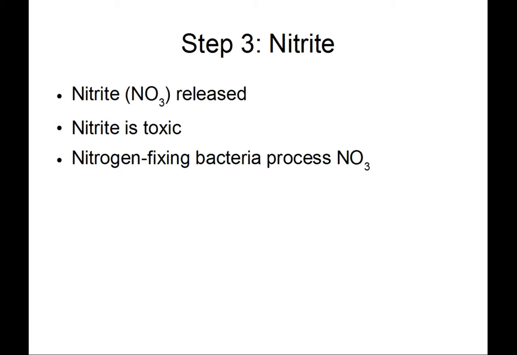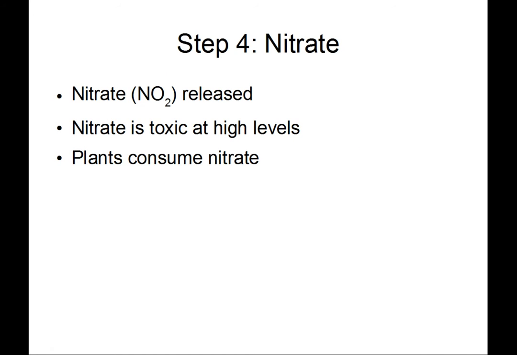It will easily kill them over time. And so again, the process with nitrogen fixing bacteria makes nitrate. And the nitrate is alright with fish. They can handle very high levels of nitrate, but it will still kill them after a while.